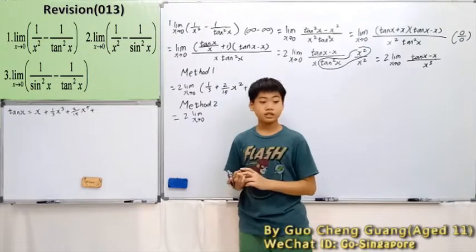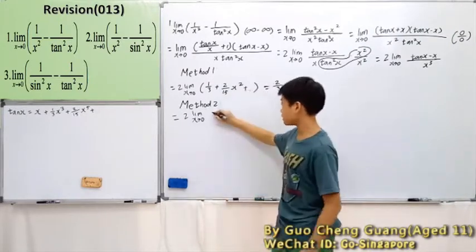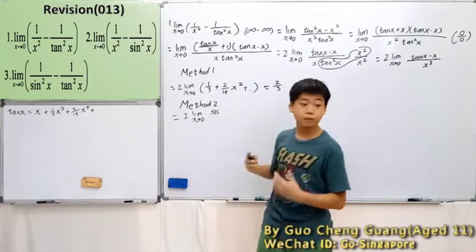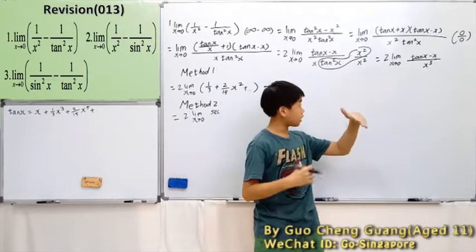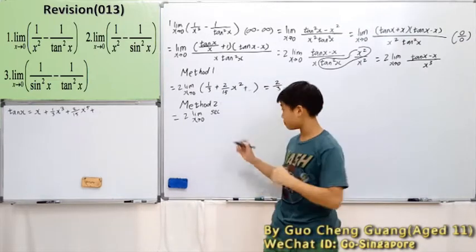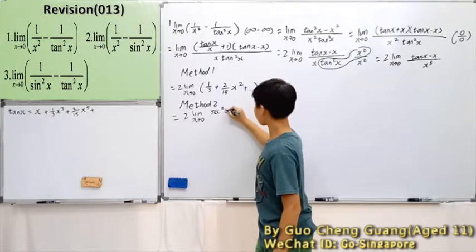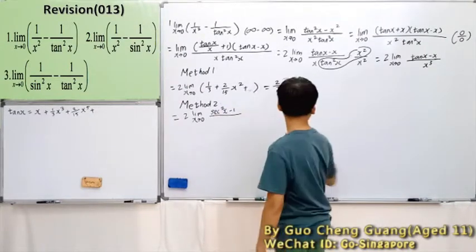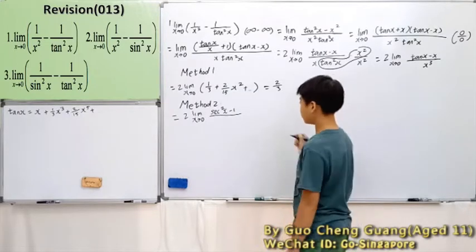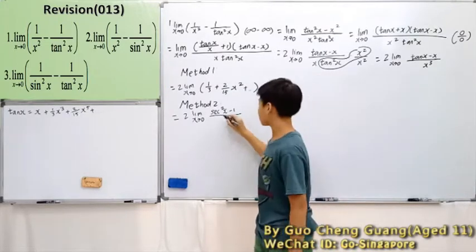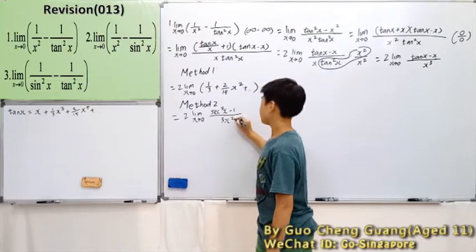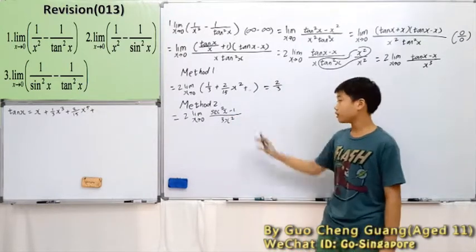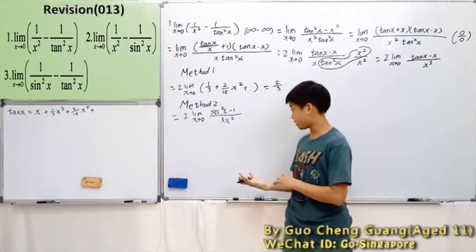So tangent x will become secant squared, because for L'Hopital's rule, the numerator and denominator, you differentiate them. Okay, then here minus 1. And then over, now x cubed is 3x squared.